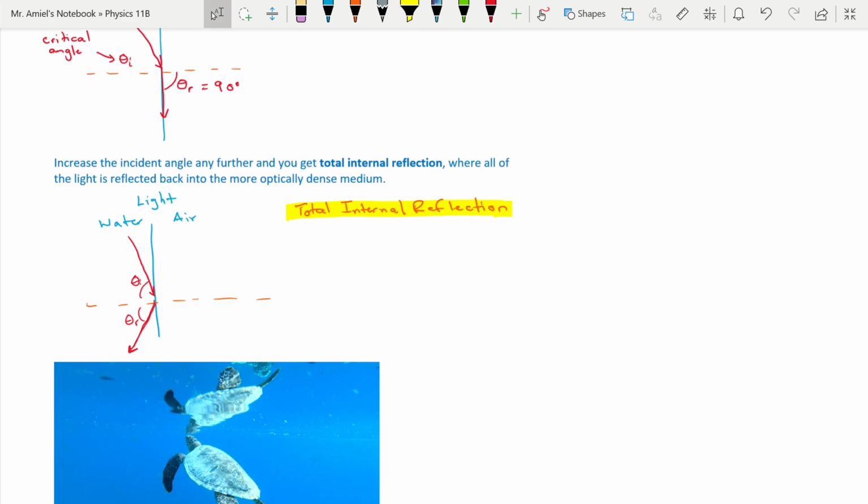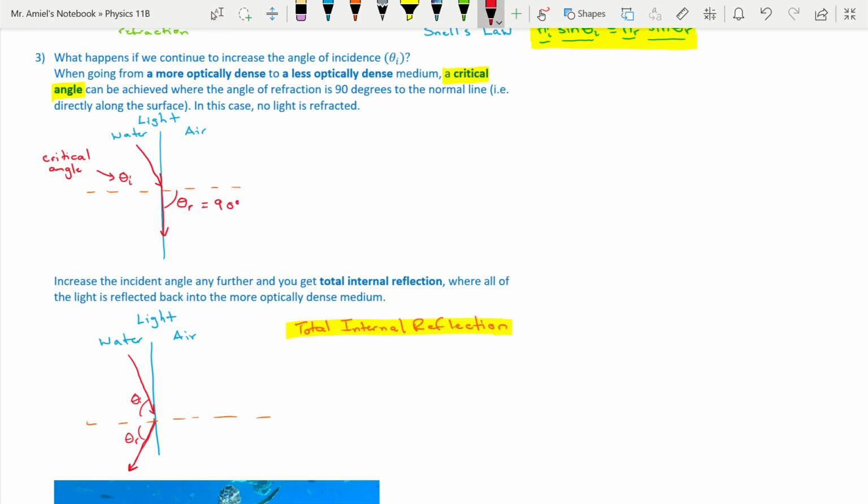Okay, so importantly, when we achieve our critical angle, no light is refracted.